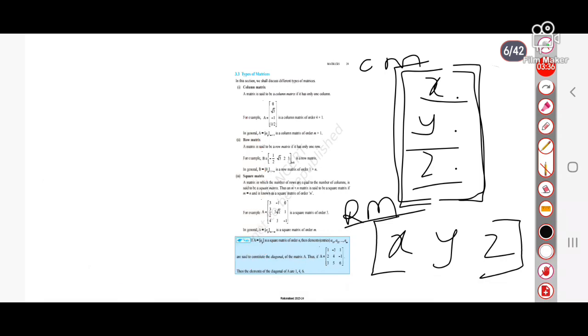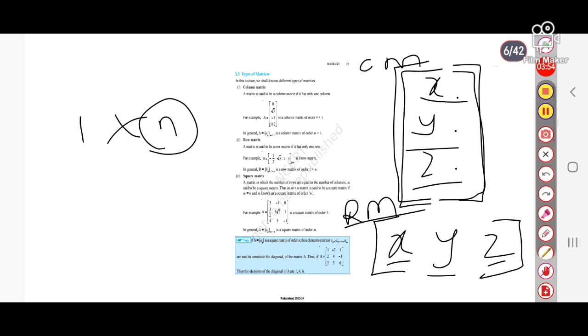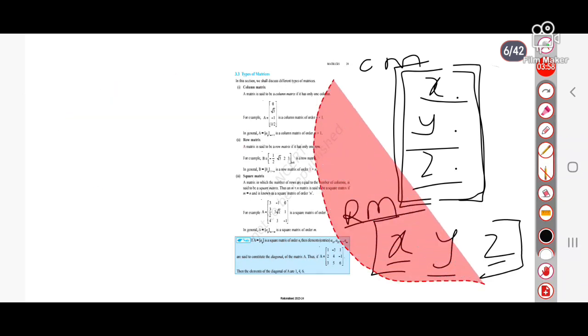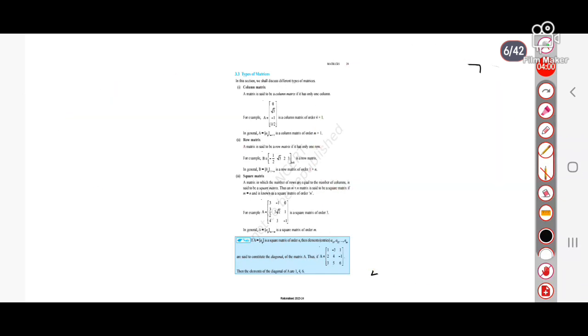Similarly for row matrix, as I said, it's vice versa, it is 1 cross n, right? Here again n stands for the number of elements present inside the matrix. These are two types of matrices.